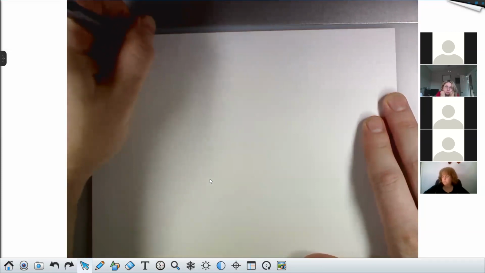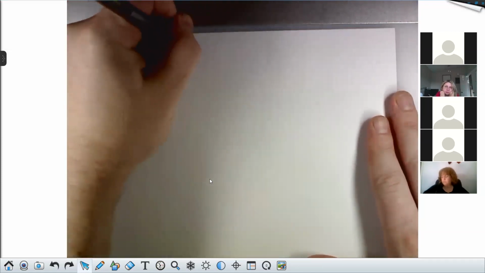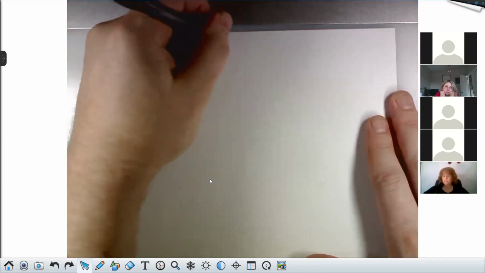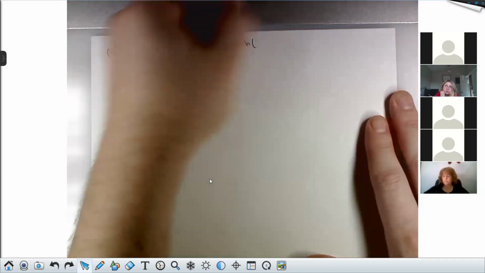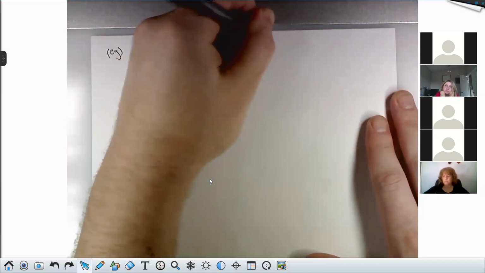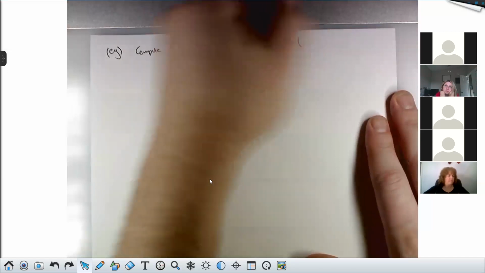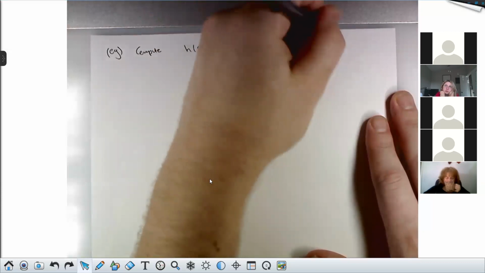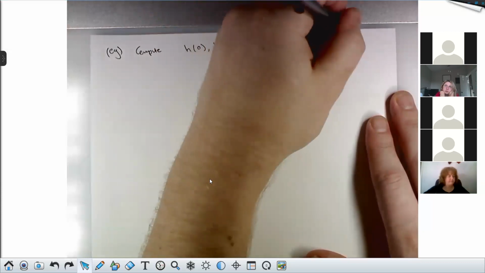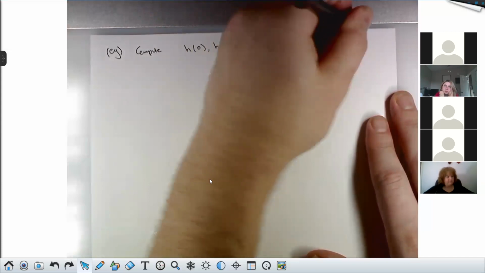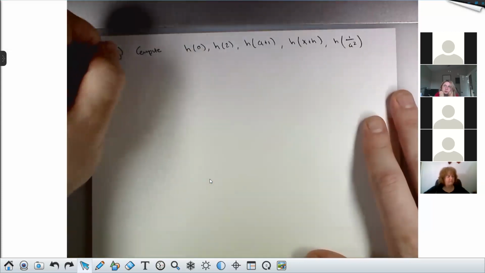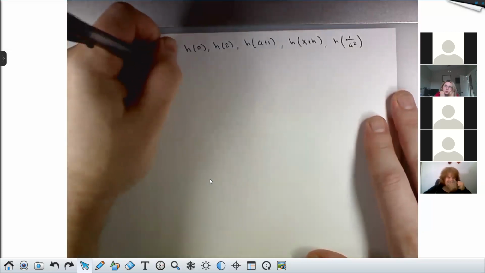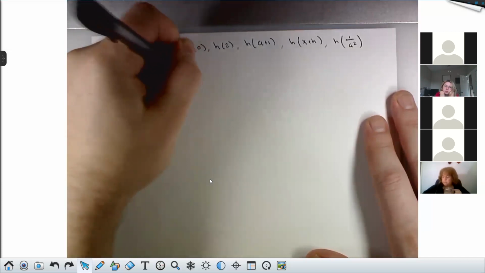Let's compute h of 0, h of 2, h of a plus 1, h of x plus h again, h of 1 over a squared this time, where h of t is 1 over t minus 2.